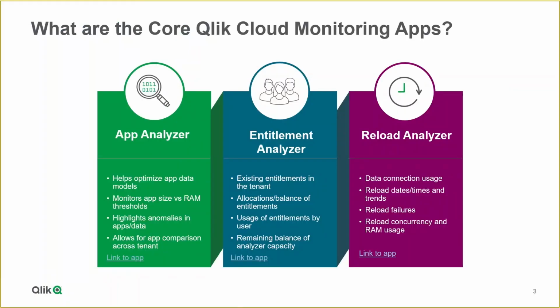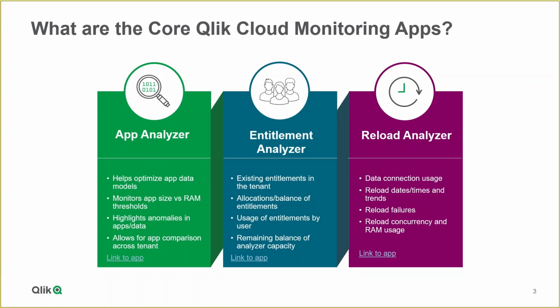Let's start with a look at the core monitoring apps for Qlik Cloud. There are three worth mentioning. The App Analyzer provides insights on the Qlik apps that you have deployed inside a tenant. It will help you to monitor the app's memory footprint, optimize the data models, and much more. The Entitlement Analyzer will help you to track the entitlement usage across a tenant.